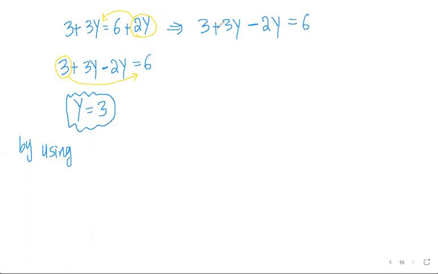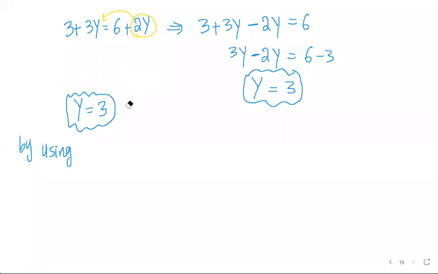Now I subtract 3 from both sides, so I get 3y minus 2y equals 6 minus 3. Now let me simplify. 3y minus 2y is y, and 6 minus 3 is 3. This is what I did.